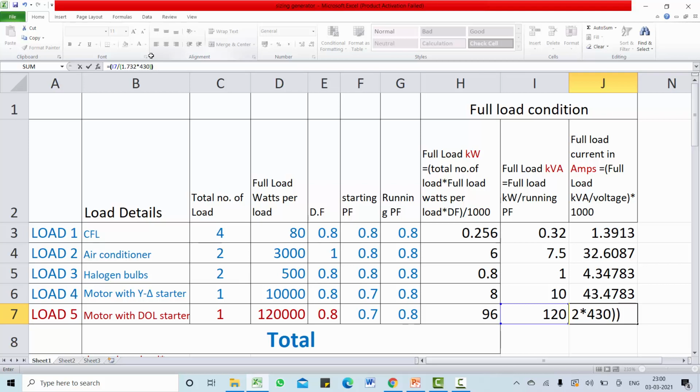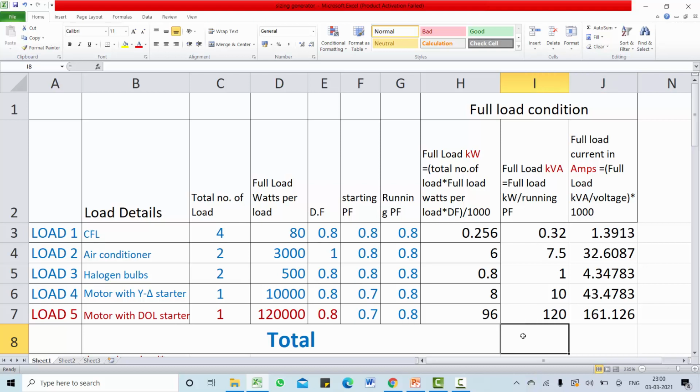Then the whole thing is multiplied by 1000 to find the current in amperes. So we are finding 161.126.